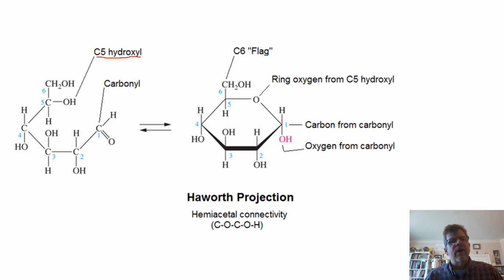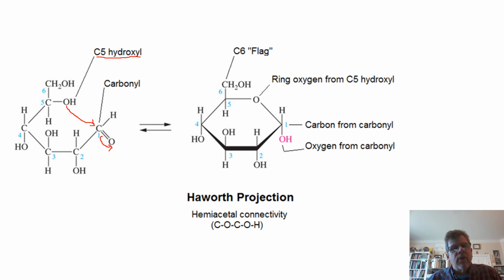What happens is one of the lone electron pairs on that oxygen forms a bond to the carbonyl carbon on that aldehyde, and that would give 5 bonds around carbon. So one of these double bonds to the oxygen has to go up and sit on the oxygen. Ultimately that connects with a hydrogen, but let's look at the connection here.